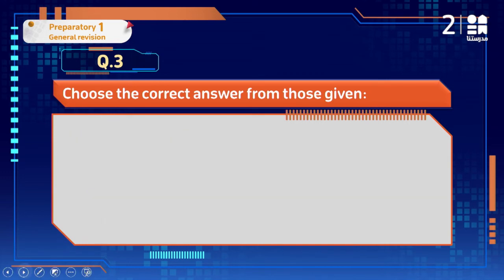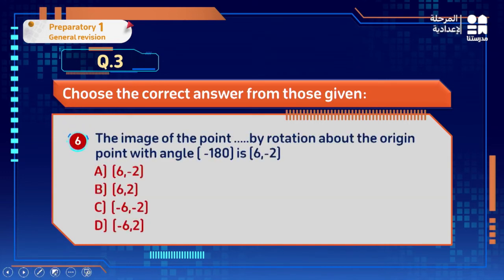Next, number 6. The image of a point, I need this point, by rotation about the origin, which is the point (0, 0), with angle negative 180. Do you remember the rule?